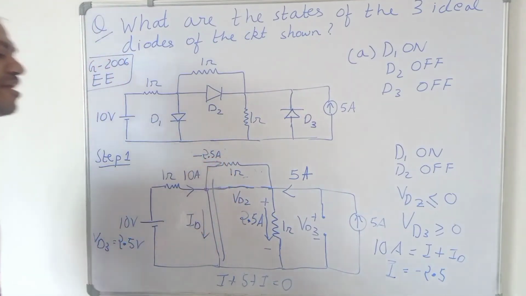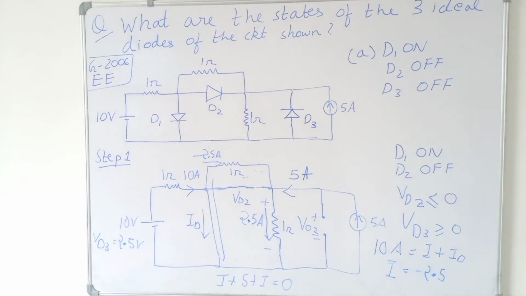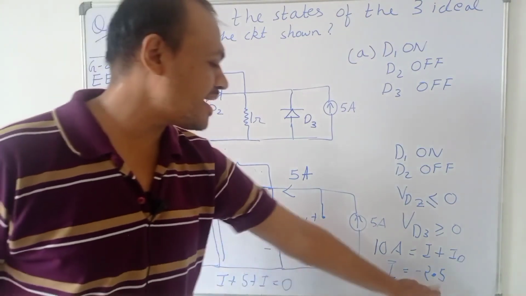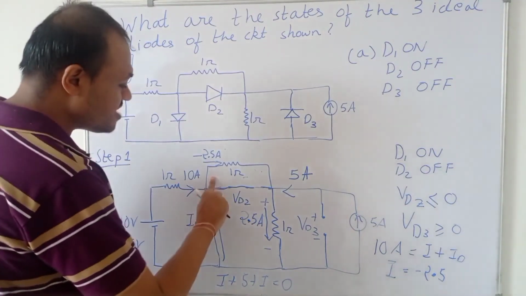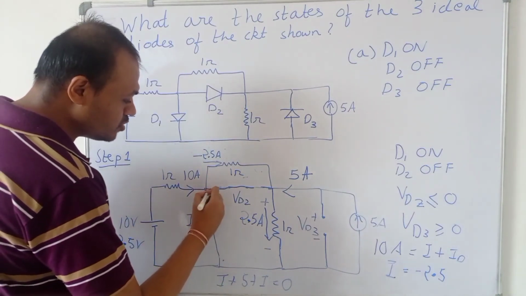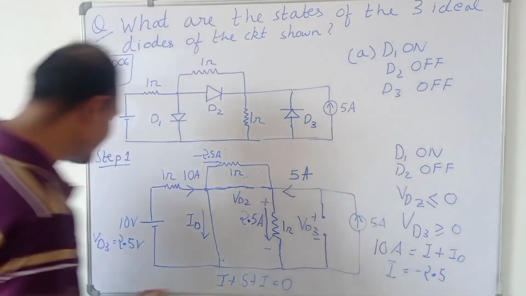Minus 2.5 ampere is the current across this 1 ohm resistance, because the value of I is minus 2.5. So VD2 will be equal to minus 2.5 volt.